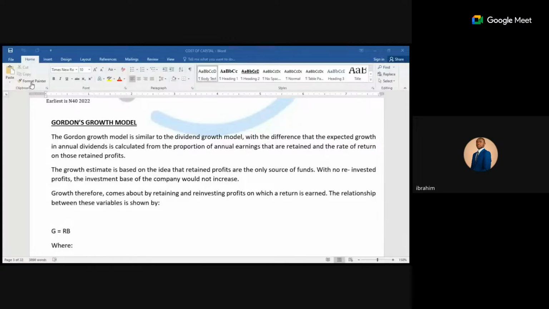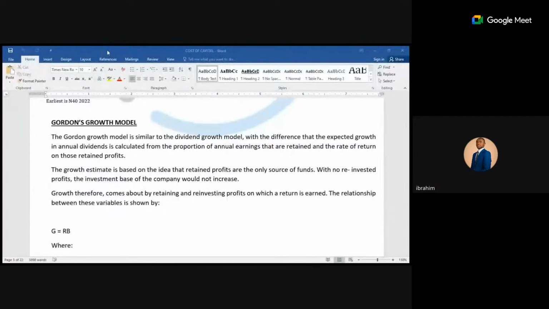When you identify a viable project, you now think of how to finance the project. How to finance the project takes us to the financing decision.